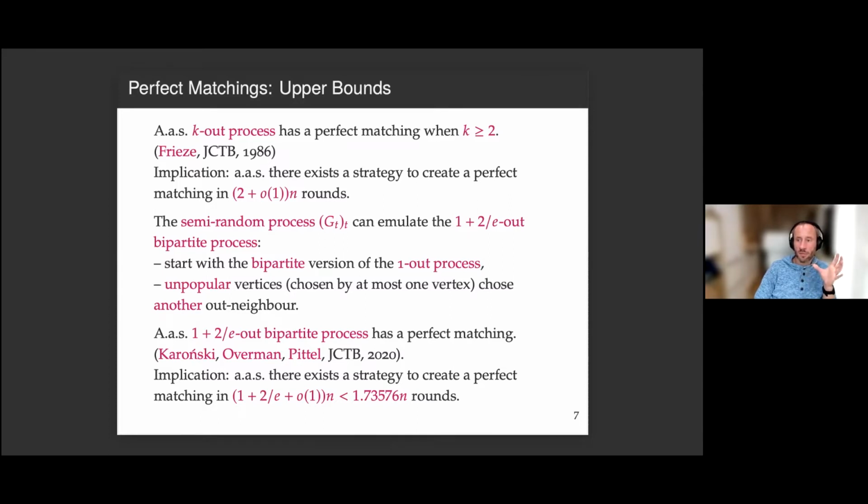So it's adaptive in the sense that I have one point in the process where I have time to recalibrate my strategy and do something better. But only one time, right? There's only one time, after doing one-out, that I identify who is unpopular and do something that makes sense.